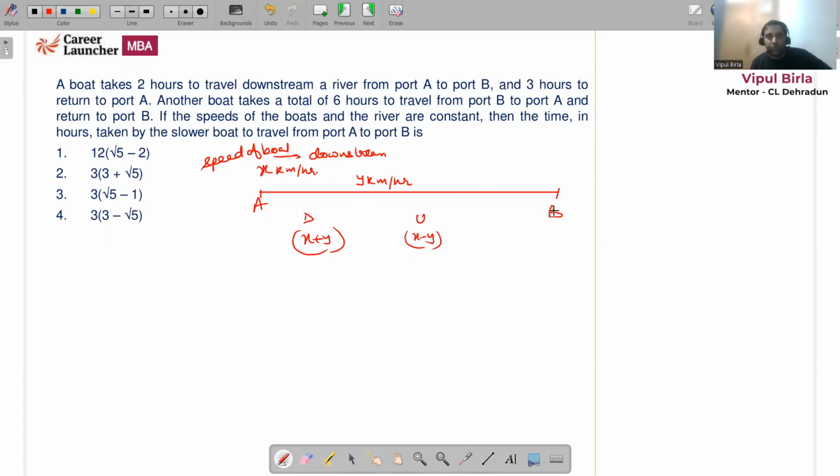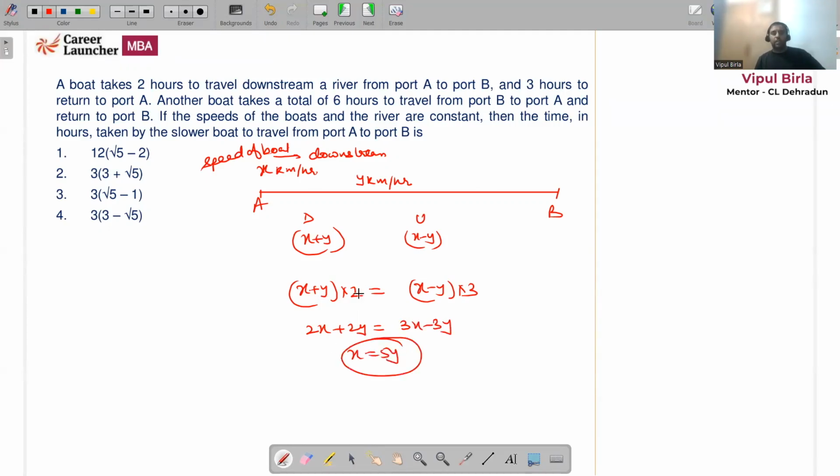So the distance from A to B is going to be speed into time, and coming back it is speed into time and travel the same distance. Therefore both are equal, which gives me 2x plus 2y is equals to 3x minus 3y. That means x is equals to 5y.